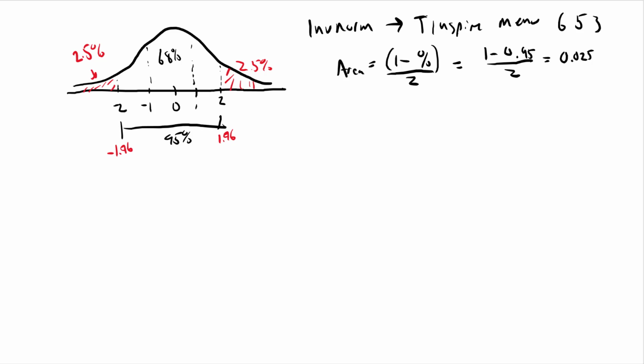So in this case, since we did inverse norm, and we said we had 0.025 for our area, 0 for our mean, and 1 for our standard deviation, we got that value to be 1.96, and 1.96 is our critical value.